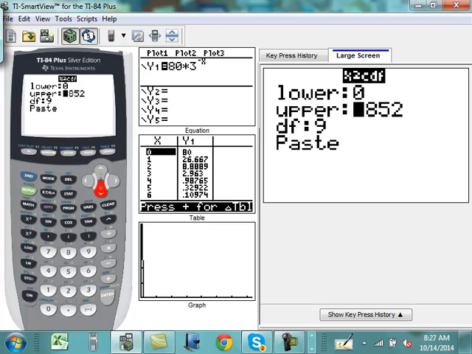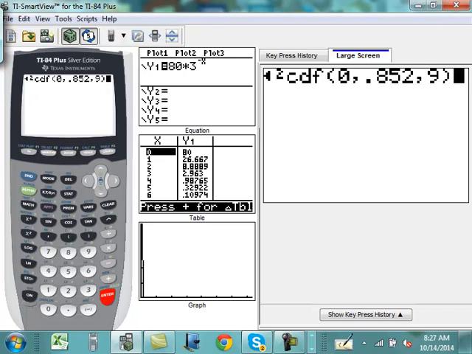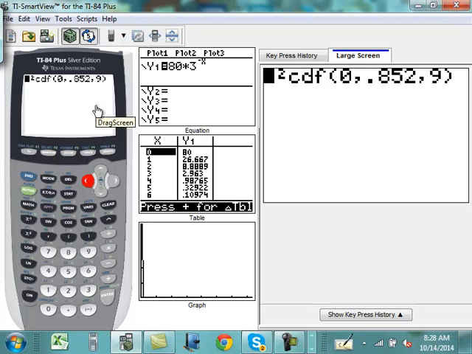When we paste that onto the home screen, this is what it looks like. If you have an older version of a TI-84, then when you execute the chi-square CDF, it's just going to give you chi-square CDF with an open parenthesis, and then you have to manually plug in the left limit 0, comma, the right limit 0.852, comma, and then the degrees of freedom, which is 9.